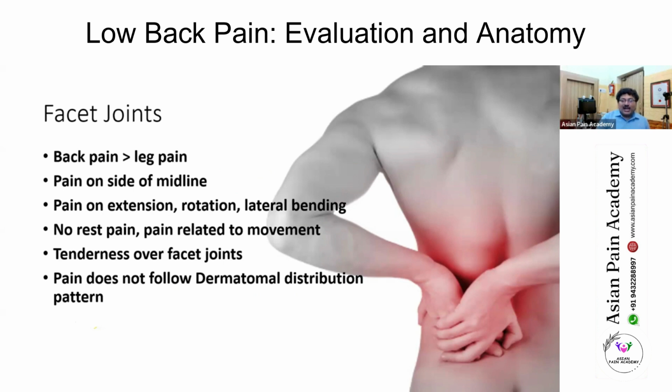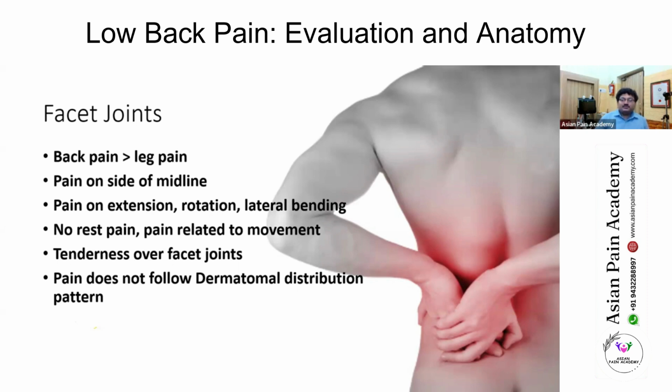Next, as the position of the facet joints is by the side of the midline, the pain will be on the side of the midline. Remember, sometimes it can be confused with the myofascial pain of the quadratus, because that is also by the side, in the deep muscles of the back. So you have to differentiate, because if you are thinking of a myofascial pain, you can go for a trigger point injection and relieve the muscular pains.